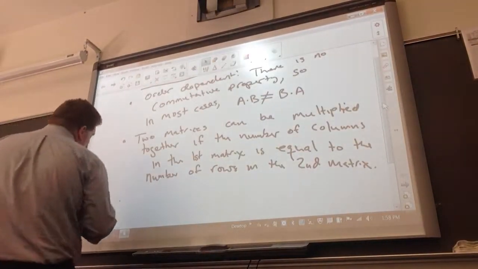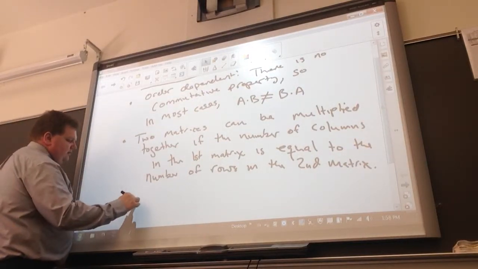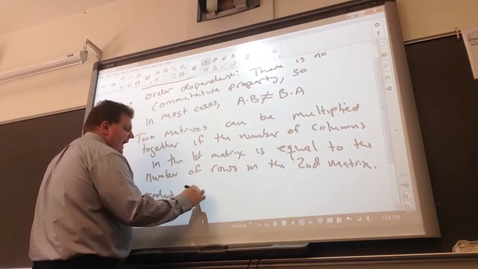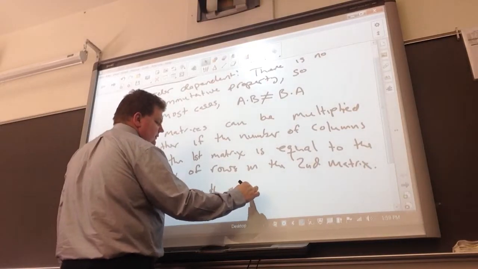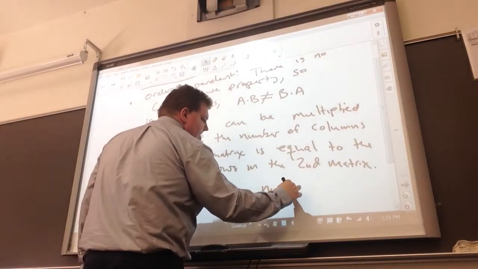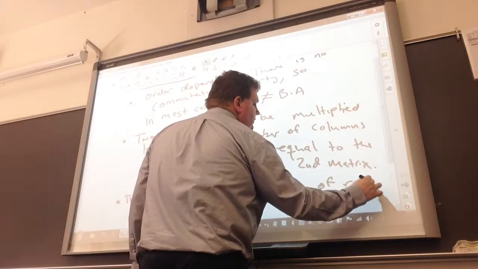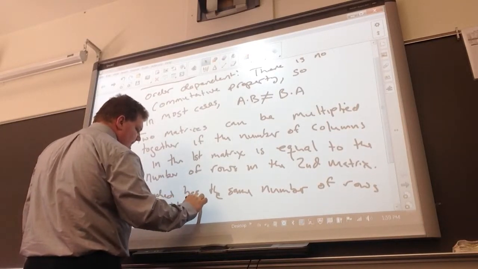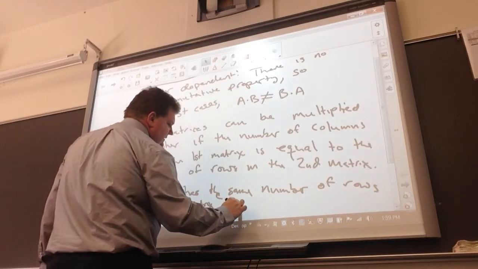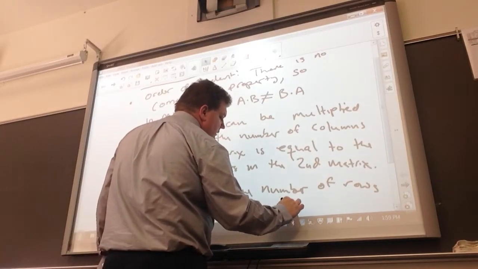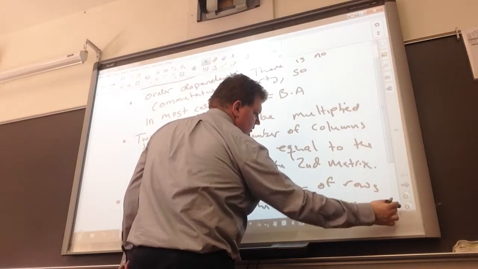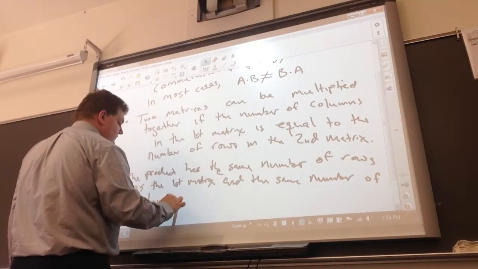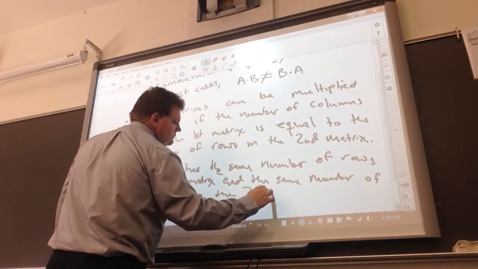This is more of a way to help you check yourself, but the product has the same number of rows as the first matrix, and the same number of columns as the second matrix.